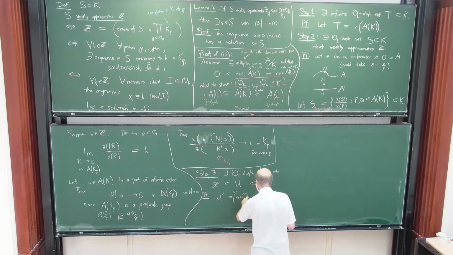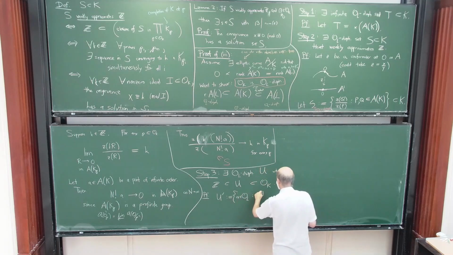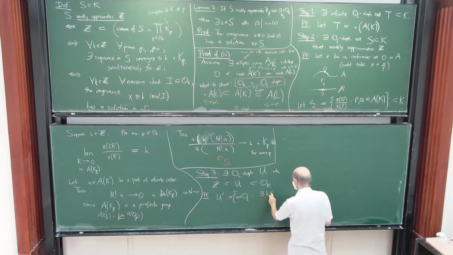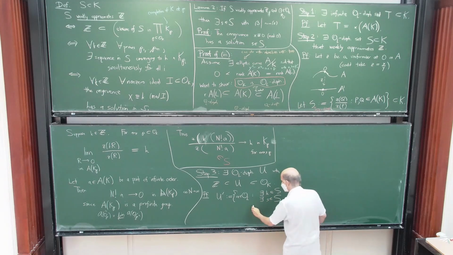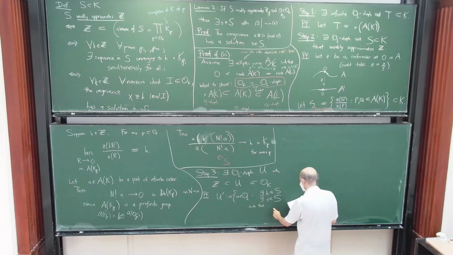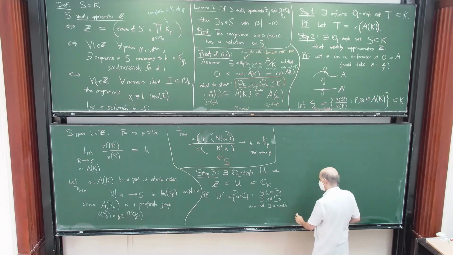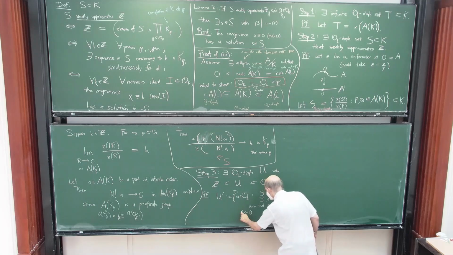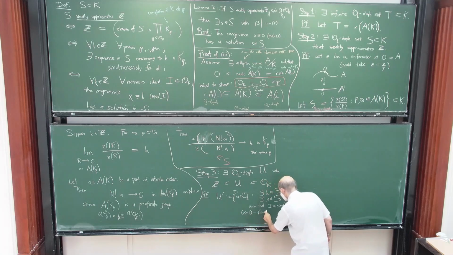I'm going to take all the elements in the big ring of integers such that there exists a number in S and another number in S such that, if you take the ideal generated by this second one, then it satisfies this divisibility condition: alpha minus 1, alpha minus 2, up to alpha minus n divides I.